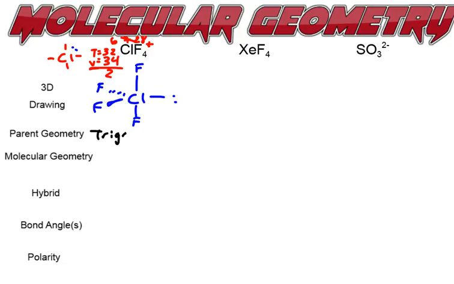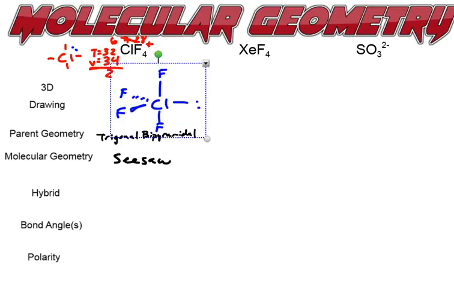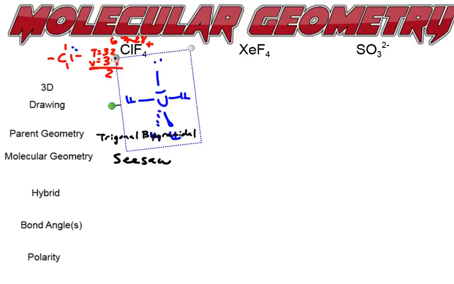So, parent geometry, what's the name? Trigonal bipyramidal. You need to know these. Molecular geometry: seesaw. Do you not see it? Do you not seesaw it? No? See?